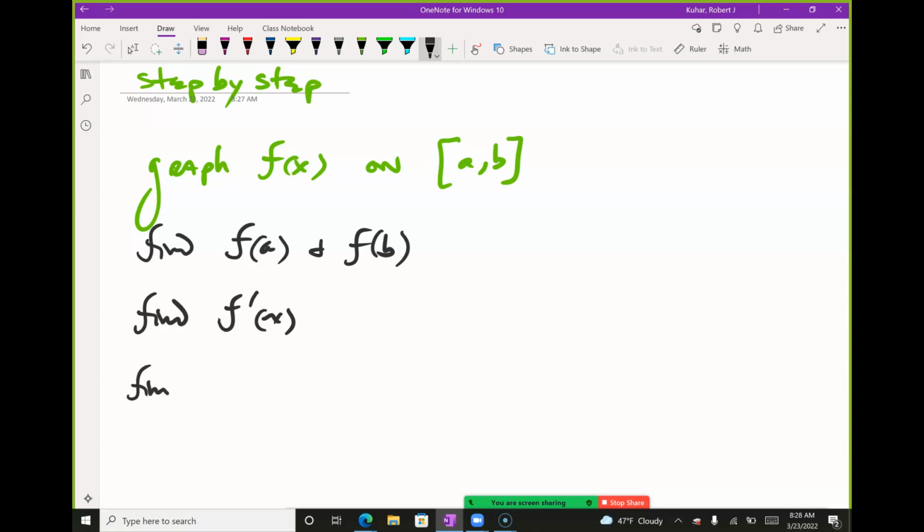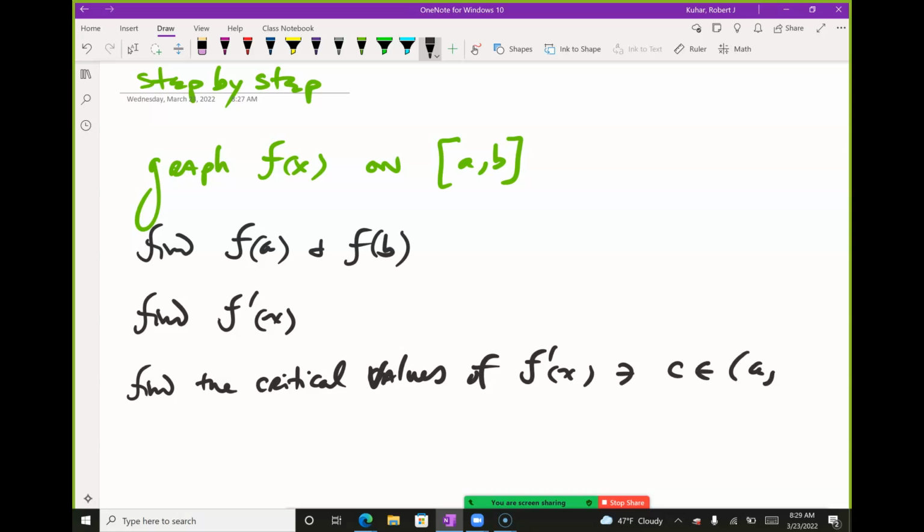Find the critical values of f prime of x such that c belongs to the open interval from a to b. Okay, I got some notation there, so make sure you're okay with that.